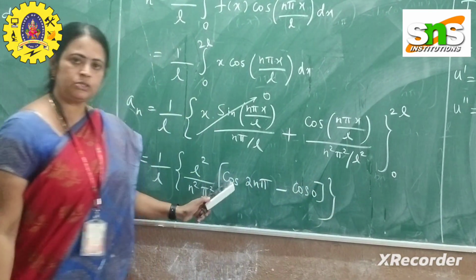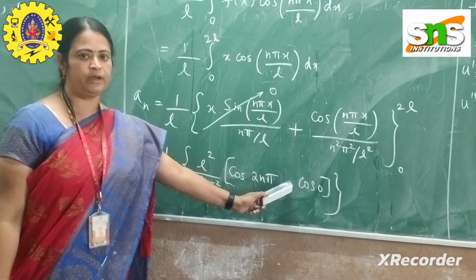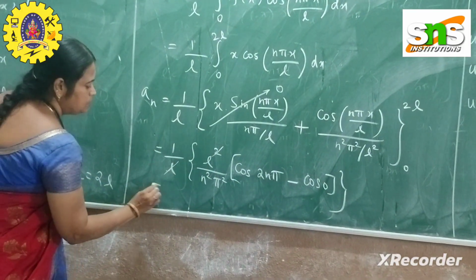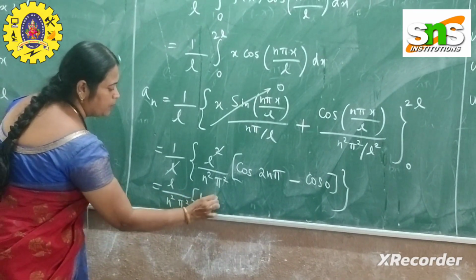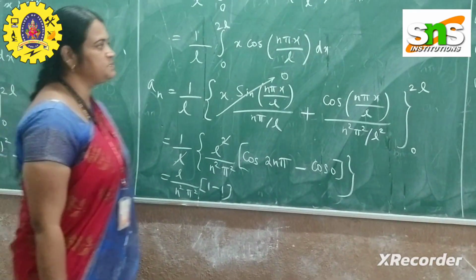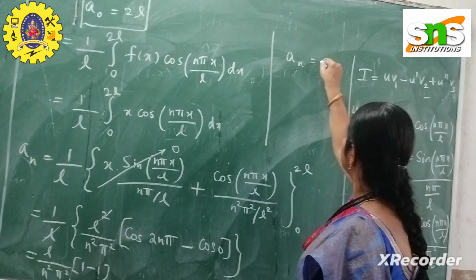So what is the value of cos 2n pi? Cos 2n pi value is 1. Similarly cos 0 value is also 1. Here one L gets cancelled, so which is L by n square pi square into 1 minus 1. So 1 minus 1 is 0. So the value of an becomes 0. So an is equal to 0.